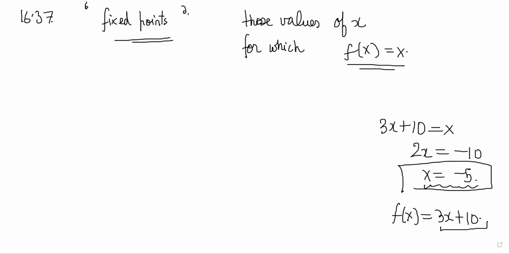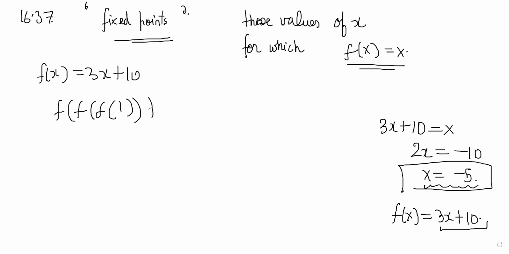Obviously, if you think about it, and f of x was 3x plus 10, and you had done f of 1, the answer would have been totally different, right? Because f of 1 would have been 13, f of 13 would have been 49, f of 49 would have been 157.